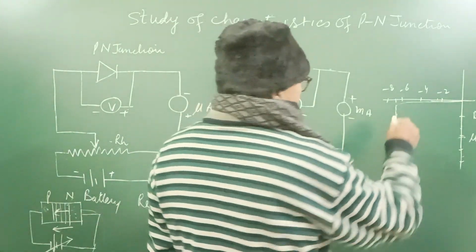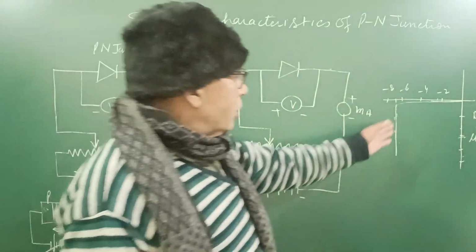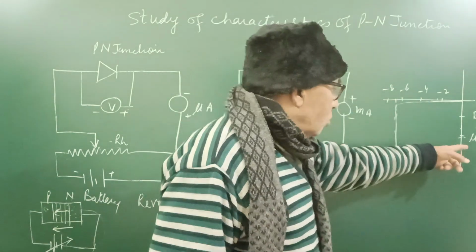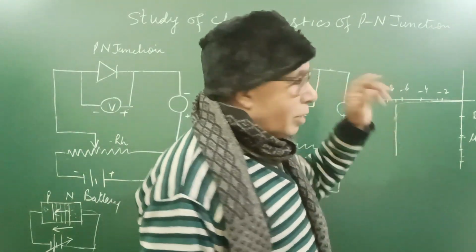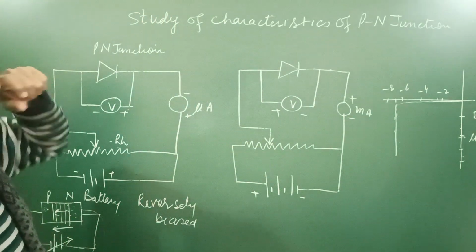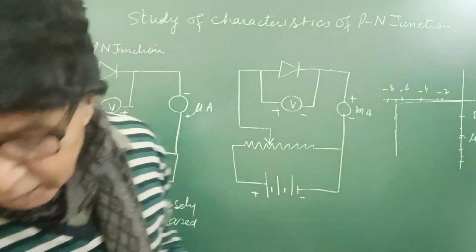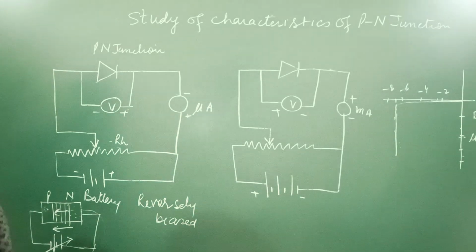So beyond the breakdown voltage, voltage may increase but current does not change. Sorry, current increases but voltage does not change. Voltage remains constant. So that is one use of the PN junction diode in voltage regulators, electronic regulators.